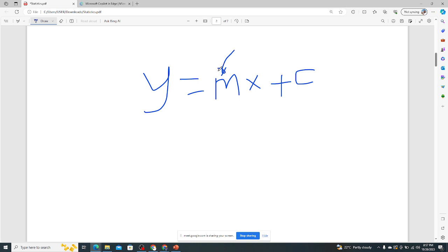Variable m, variable y. Sorry, this is a constant, not a variable. So we have a name for variable x, we have this constant, then we also have a name for this other constant.